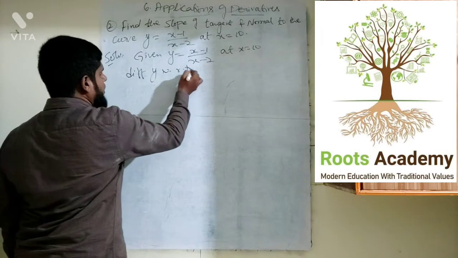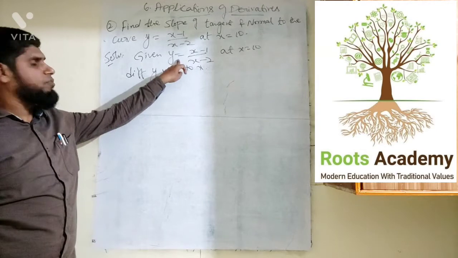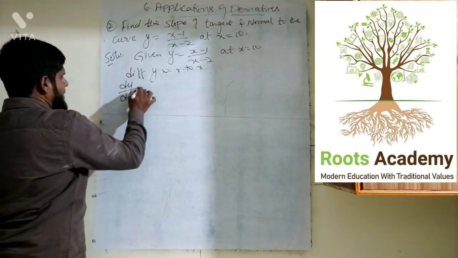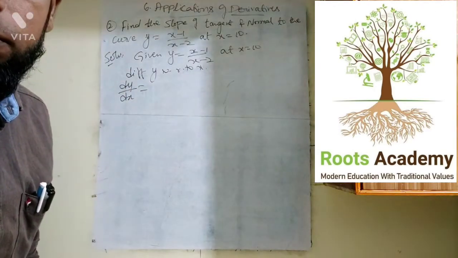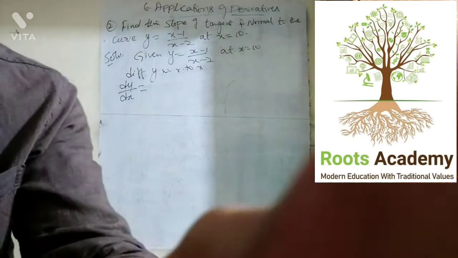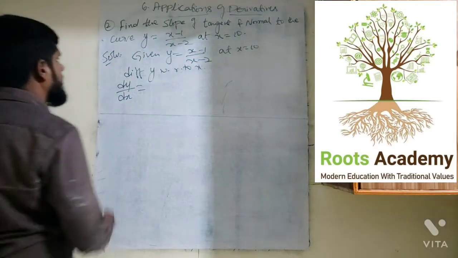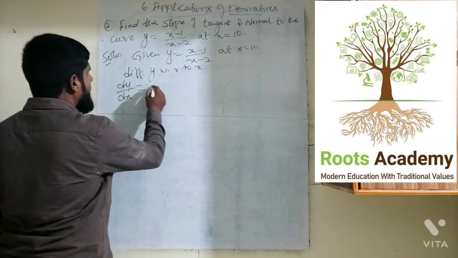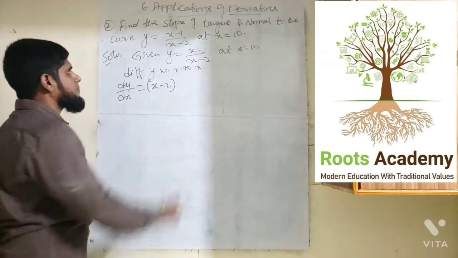Differentiate y with respect to x. If we are differentiating this with respect to x, then we'll get dy by dx is equals to first denominator into derivative of numerator.